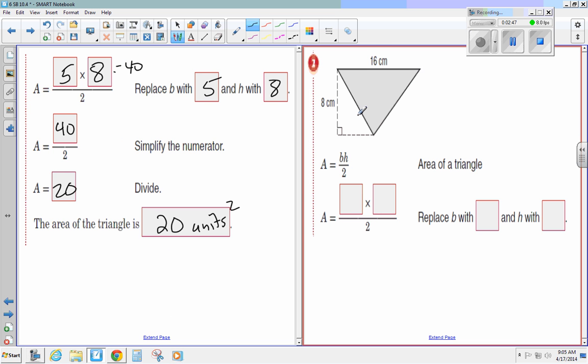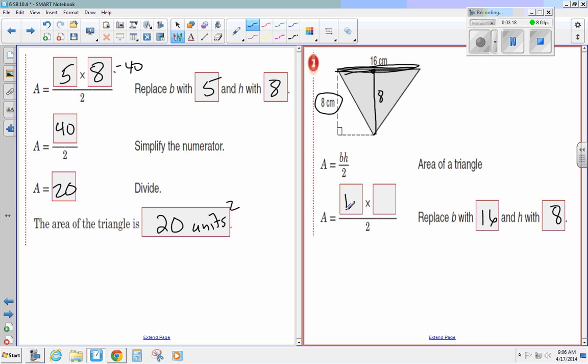All right, this is one of those special problems. We actually don't know the side length, but we're not looking at this length. We're looking at how far it is from here to that point there. It should be the same as that. So the base is 16. The height is 8.